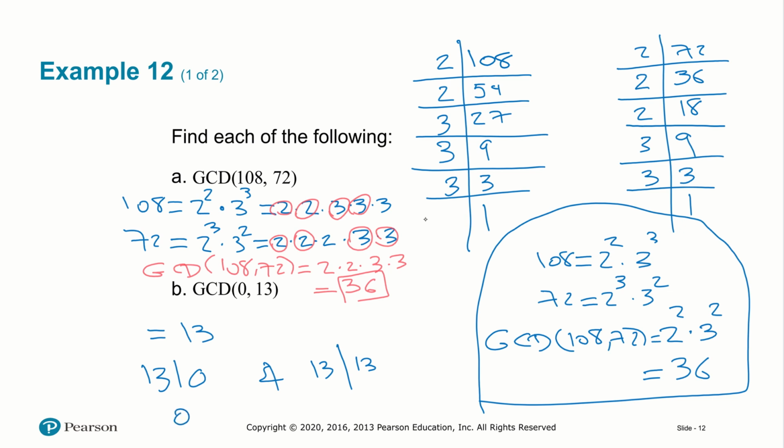That's just 0. So 0 times. And what is 13 divided by 13? 1 time. Okay? So remember, the GCD of 0 and any non-zero whole number is just going to be that non-zero whole number. All right, so make sure that you have this process down before you proceed.